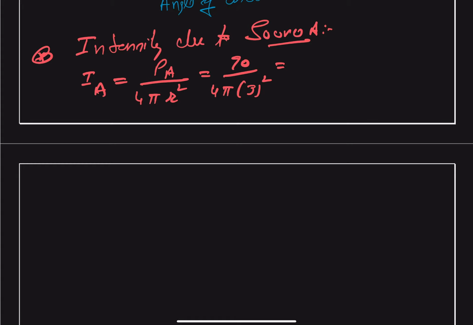So we can write this as 5 upon 2 pi watt per meter square.